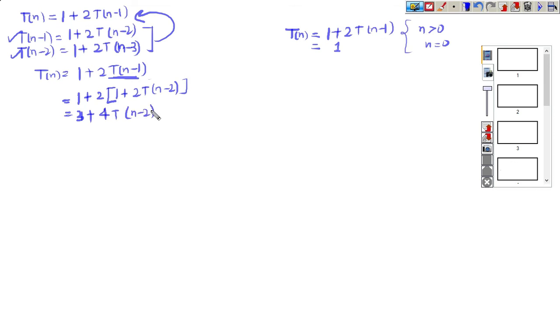Now again you will expand this using t of n minus 2, you will get 3 plus 4 times 1 plus 2 t of n minus 3. This will give you 7 plus 8 t of n minus 3. We need to find out a generic term, meaning if we keep on expanding this way, what will be the generic term. Let us understand how things are working.